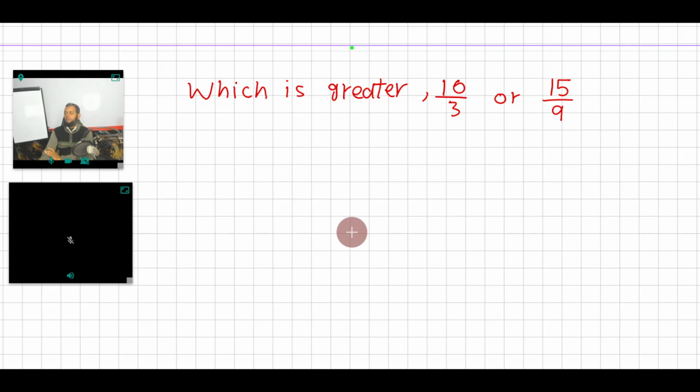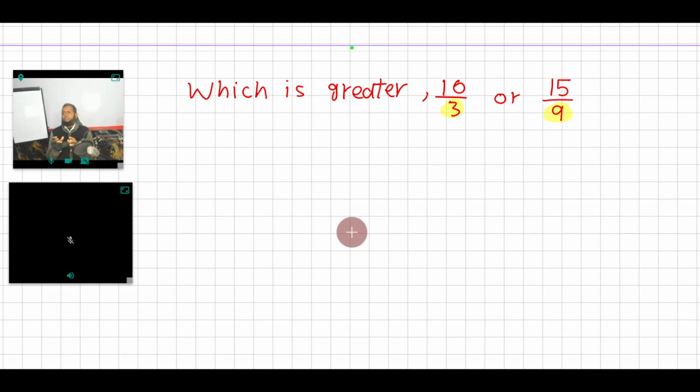Now convert. First find out the LCM of 3 and 9 and change 10 over 3 and 15 over 9 into like fractions. They are unlike fractions because they have different denominators, 3 and 9.